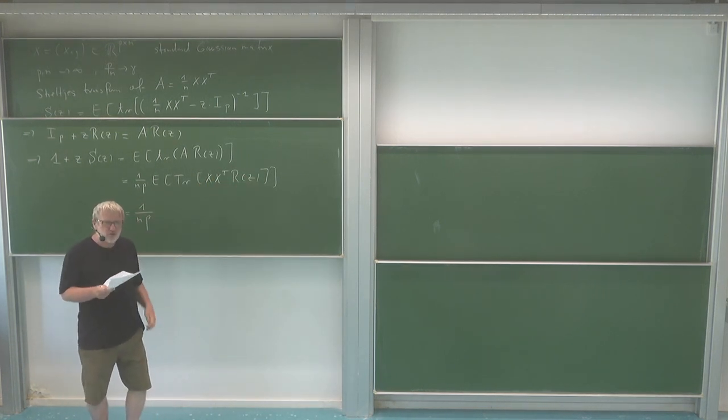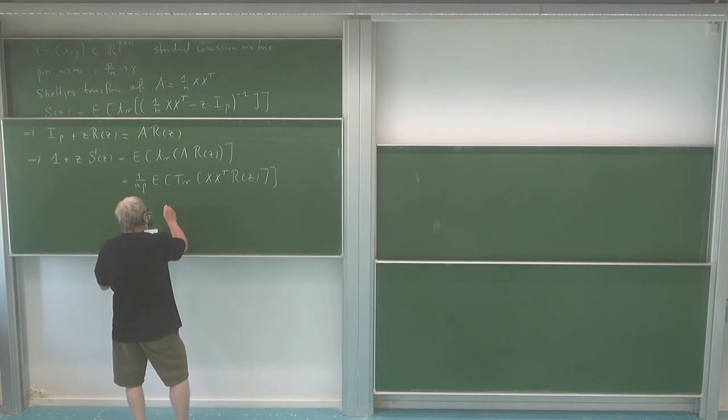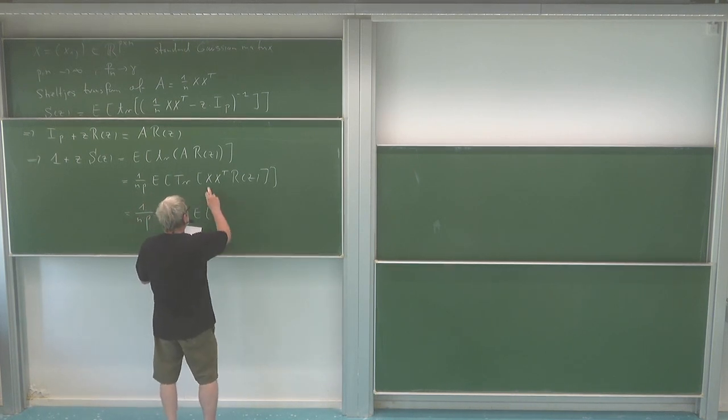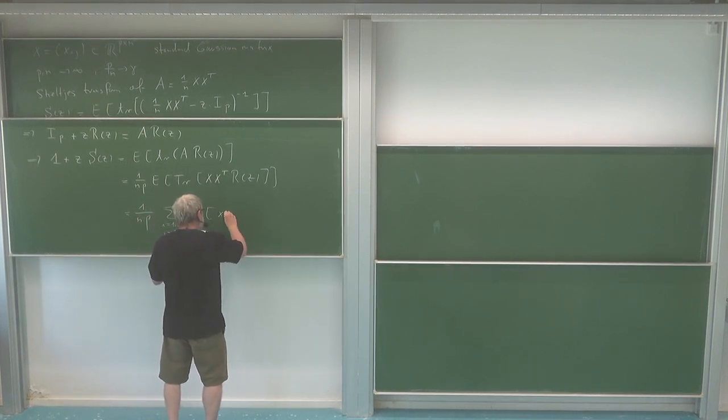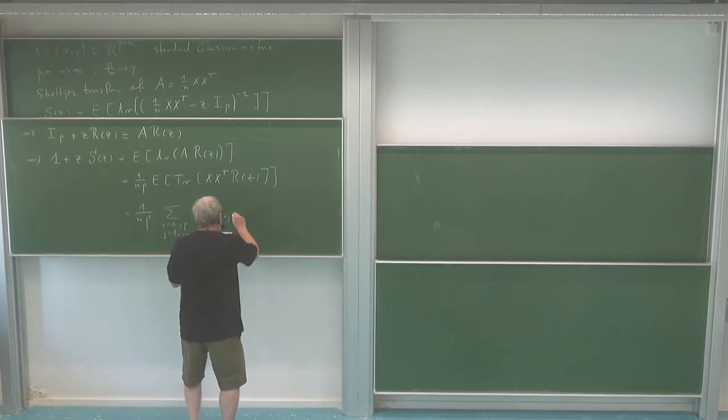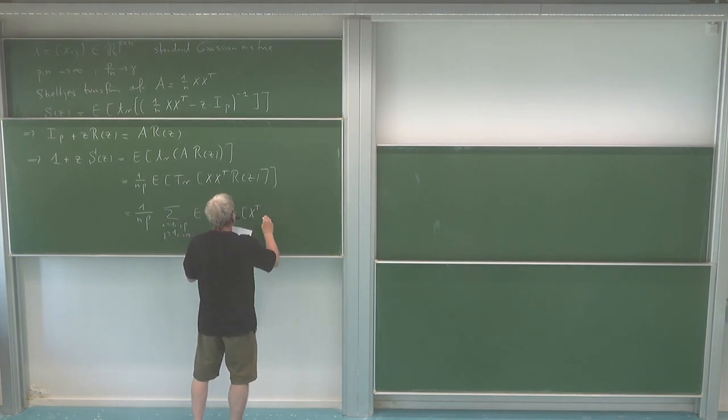And now I write this in terms of the entries of what I have here. I'm summing over i from 1 up to p, and over j from 1 up to n. And I have the expectation. So I take here the x_ij, that's the ij entry of the matrix X, and then I'm multiplying it with the corresponding entry of what I have here, x transpose and R of z.